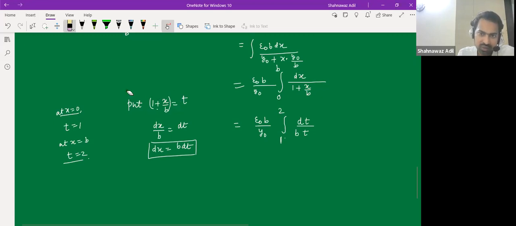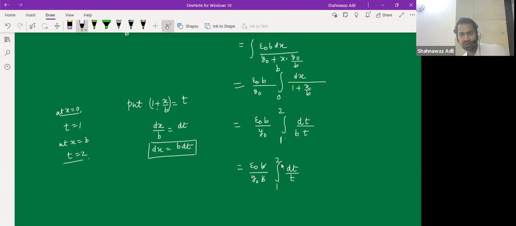So now does this integration help? This is epsilon naught b by y naught b, and b cancels, and we have dt by t from 1 to 2. Does this integration help? What is the integration of 1 by t?